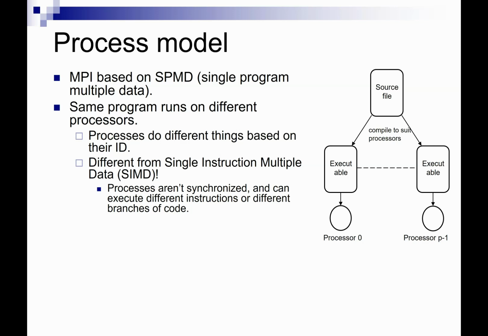In MPI, the processes are running the same program, but there's no implicit synchronization between the processors. One processor can be at one point in the program, and another processor can be at a completely different point. Even though they're running the same piece of code, there's no synchronization between them. So this is very different from SIMD.